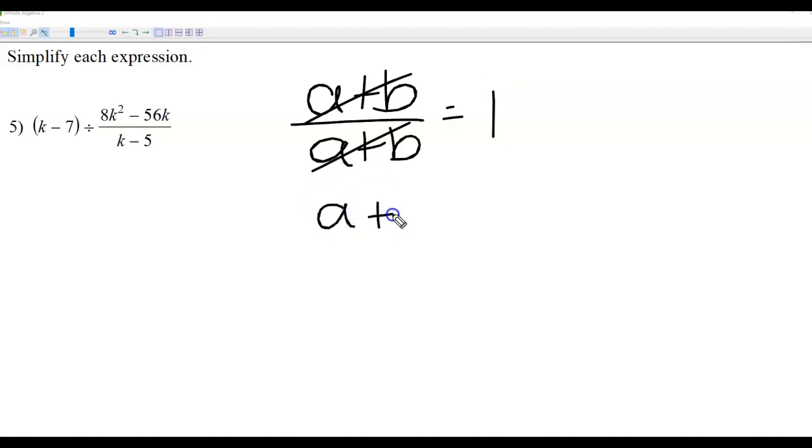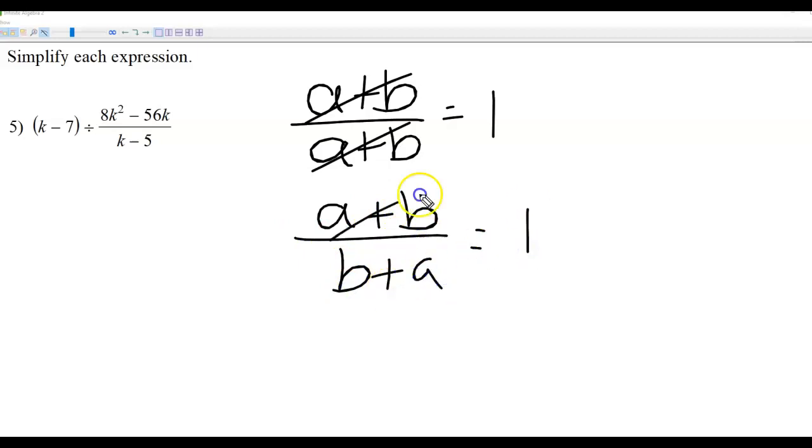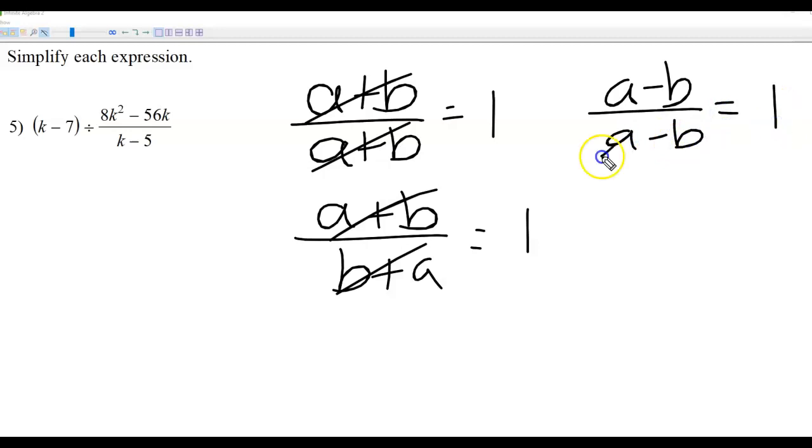In the same way, a plus b divided by b plus a still makes 1. The order doesn't matter. Okay. However, if you have a minus b over a minus b, those are exactly the same, so those make 1, right? But if you have a minus b over b minus a, those are not the same.